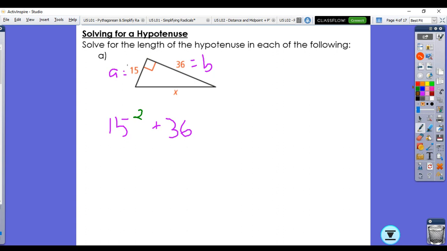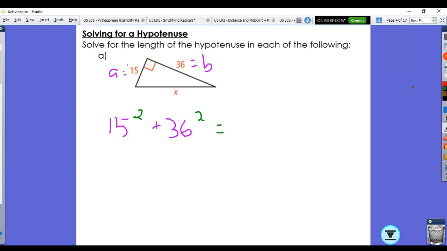So once we square those two, it's going to be equal to whatever the C value is squared. We don't know what that is yet. We could write C, or if you wanted to, you could write X. It really is up to you, since we do have the X down here. But that C is, in a sense, our X, right?